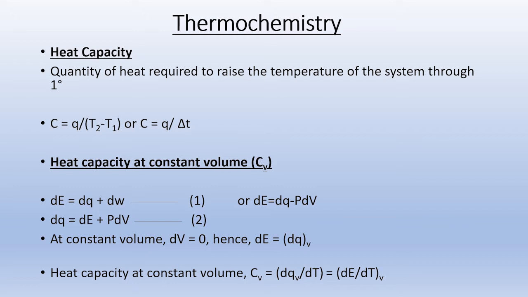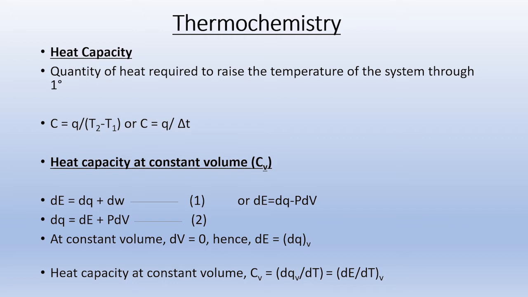From the first law expression we have dE equal to dQ plus dW, and we substitute for dW, rearranging so that dE equals dQ minus P delta V, so that dQ equals dE plus P delta V or PdV. And since the process is at constant volume, the dV term will be 0 and the second term as a whole will be 0. So we get dQV equals dE.